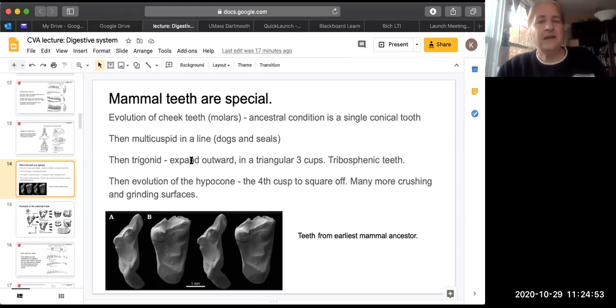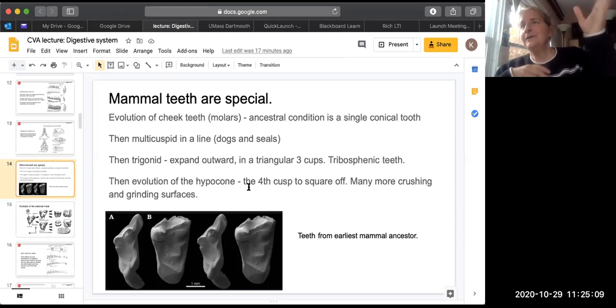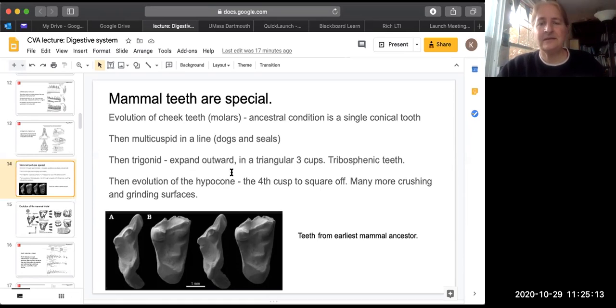This is amazingly well documented in the fossil record. There's a beautiful series of transitional fossils. You can detect when these shapes appear because the shapes are preserved. It's all triangle teeth, and then they've evolved the hypocone. So you can see this evolution.